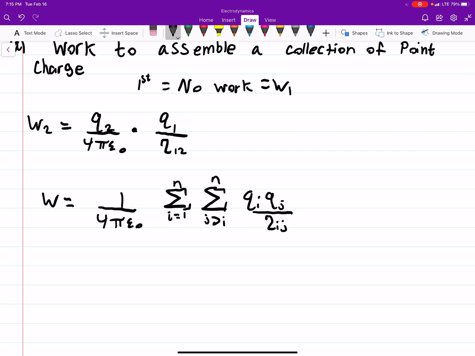So the fact that j is greater than i, all that means is we're bringing in another charge. For the first example, we brought in charge 2. If we brought in a third one, then it would be charge 3, and so on and so forth.